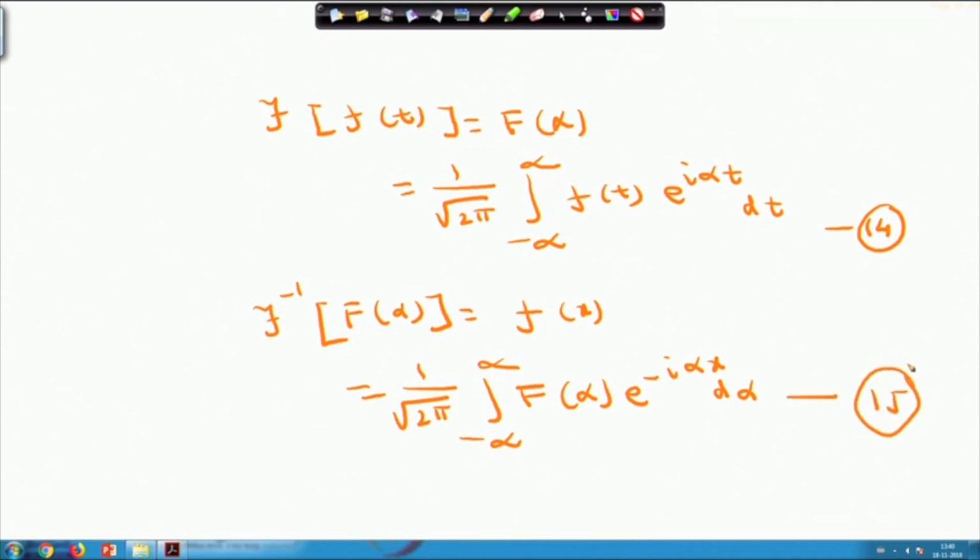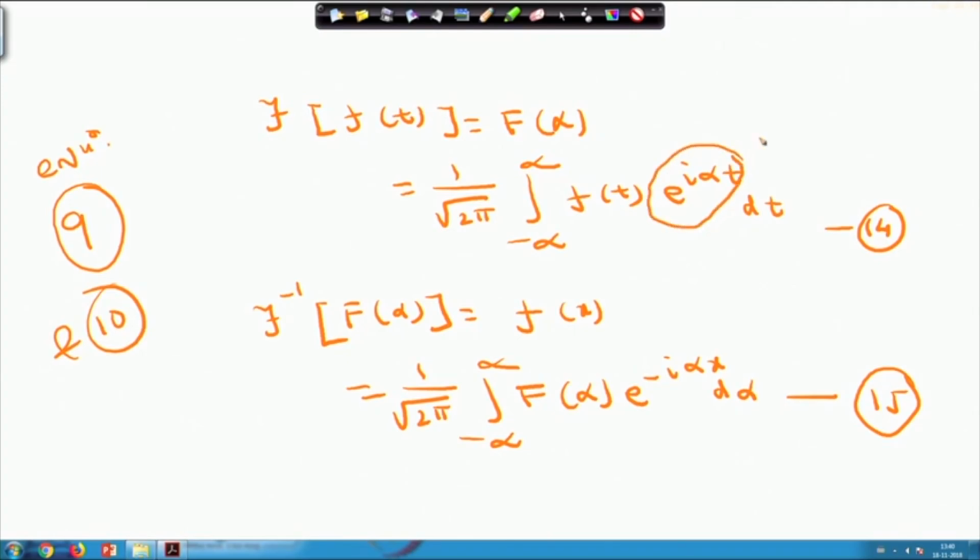So, therefore, what we are observing in equations 9 and 10 is that the only change was that e^(minus i alpha t) was here, and in this case it was replaced by e^(plus i alpha x). In both cases you will get the Fourier transform.